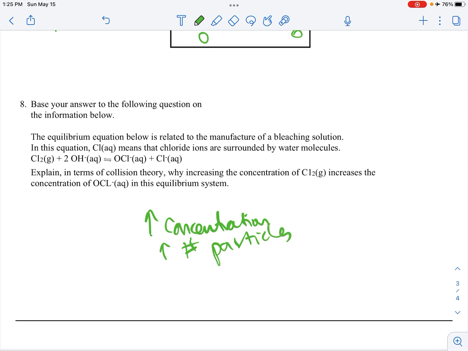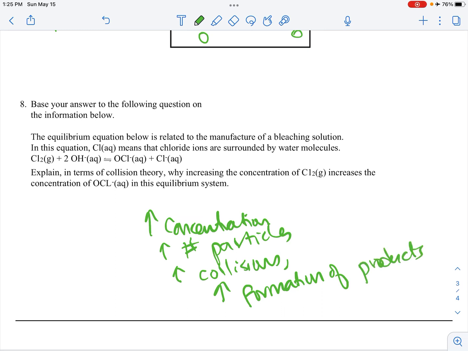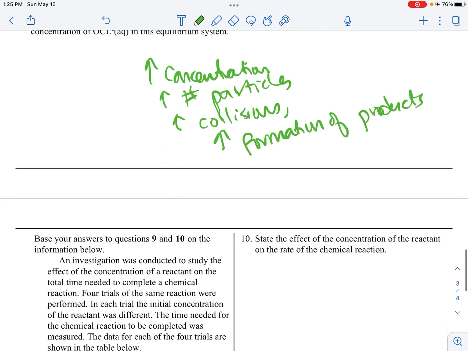And when you have more particles, that's going to increase collisions, which means increasing the formation of products. Yep, something like that. Increase concentration, increase collision. You got to talk about collisions because it says collision theory. And so it'll produce more of the products here. All right.